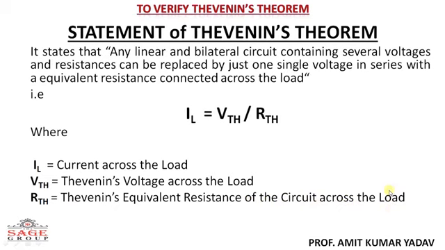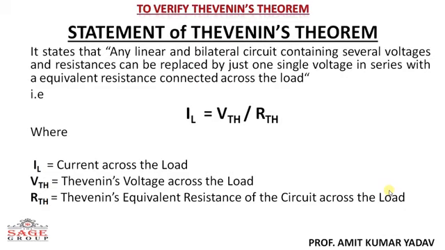Okay, now in simple words we can say that, suppose we have a vast network in which so many loads are connected, and suppose you have to calculate the current of any particular load, then what do you have to do? If you calculate the current of that particular load by using KVL or KCL, then it will become very complicated.